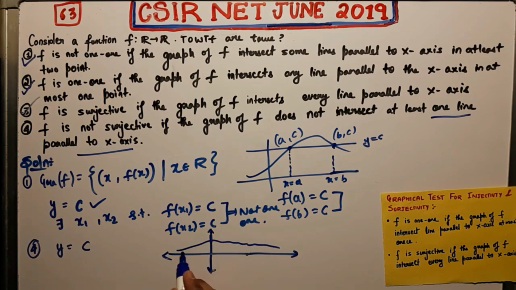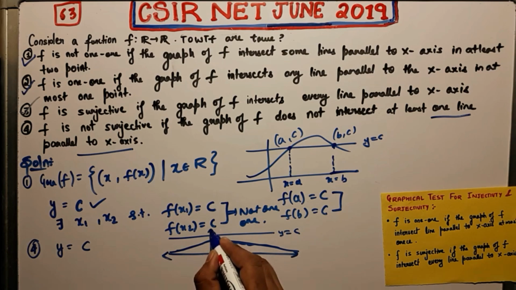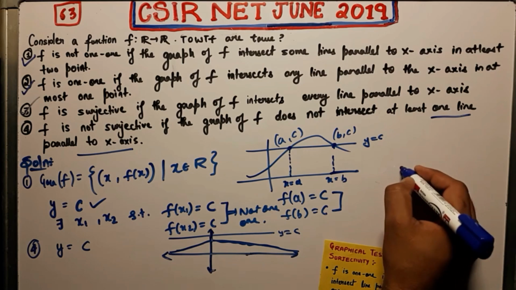Now you see, your line y is equal to c is never going to intersect this graph. So this graph is actually not surjective because it's not taking the value after this point. So graphically you can do it directly. This is obvious from here that if there exists a line parallel to x-axis such that the graph of f is not intersected by that line, then that will not be surjective, right?